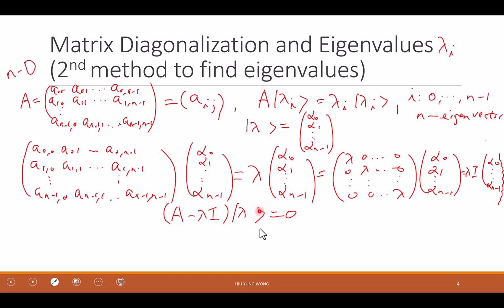This is the vector. Equals to lambda I times alpha vector. I can move this one to the left, right? This one, I move to the left. Then it becomes subtraction. I can factorize it because the matrices act on the vector. Is that clear?